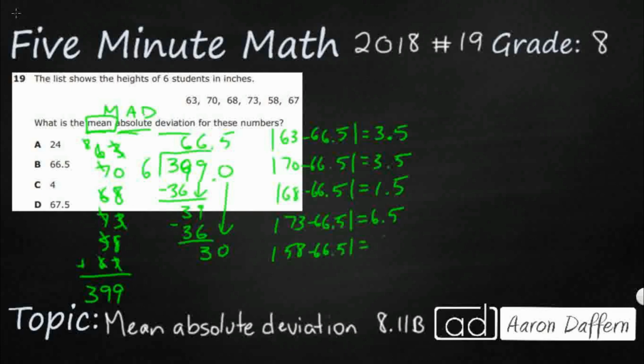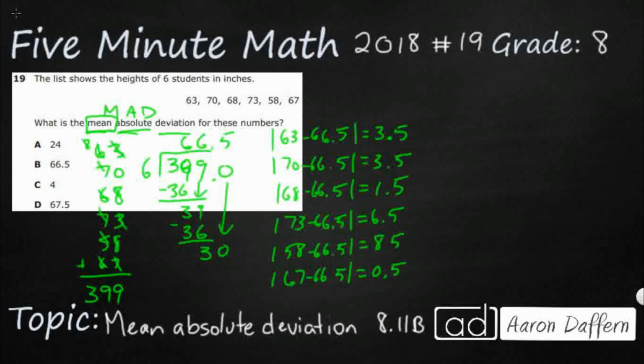It's going to be an 8.5. And then, wow, 67 is like right next door. So that's 0.5. So those are the absolute values, how far each of those are away from the mean.